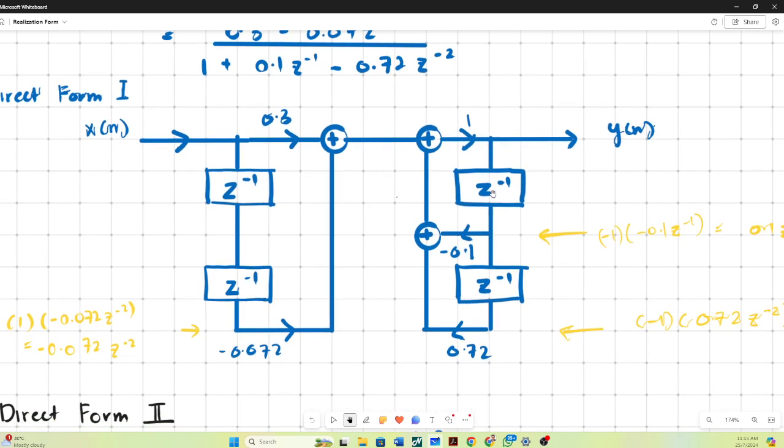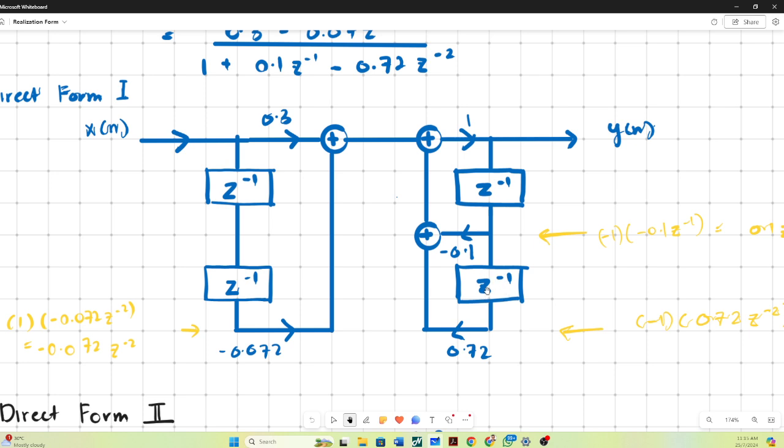And then last but not least for Y(z) is minus 0.72 z^-2. The delay here is minus 2, so we require 2 boxes of delay, so we need to add another delay.